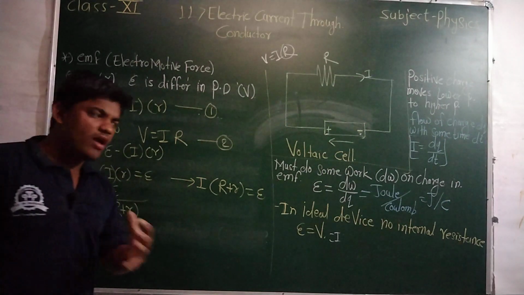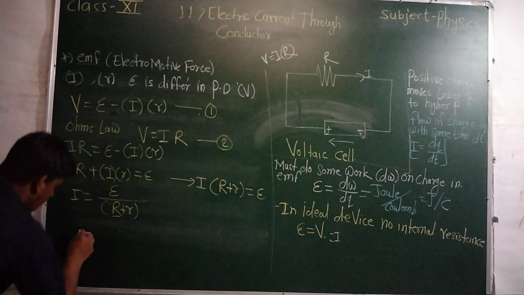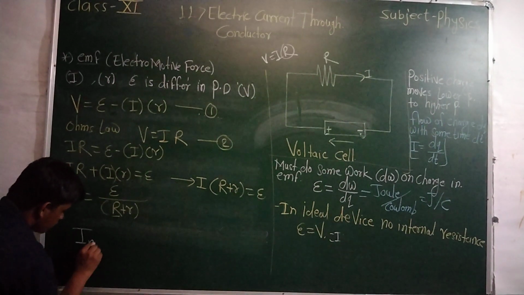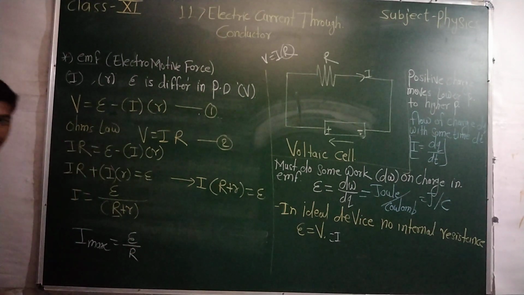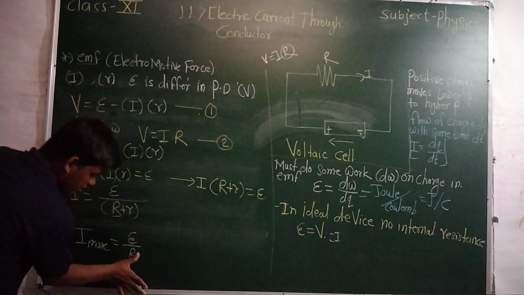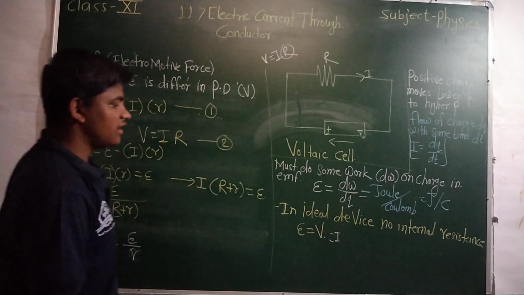For the maximum current, I max is equal to epsilon divided by r.